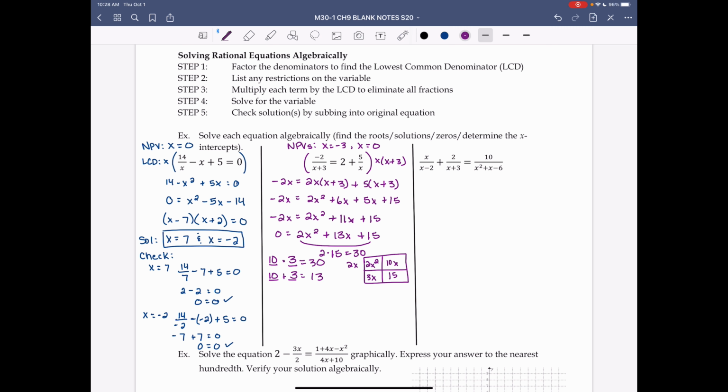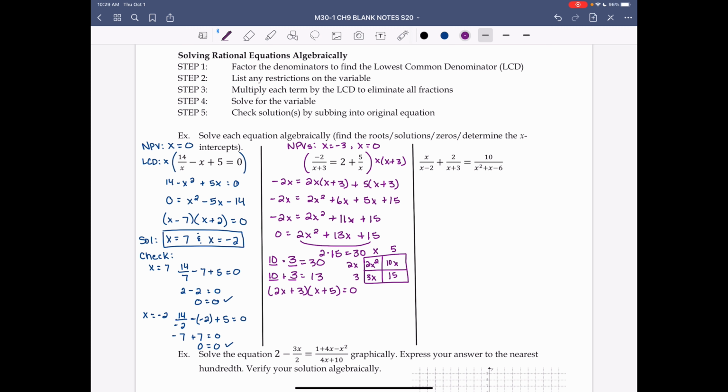Bottom row, 3x and 15, common factor is 3. First column, 2x squared and 3x would just be x, and then second column, 10x and 15 would be 5. This means that our binomial factors are 2x plus 3 and x plus 5. That's our factored form.